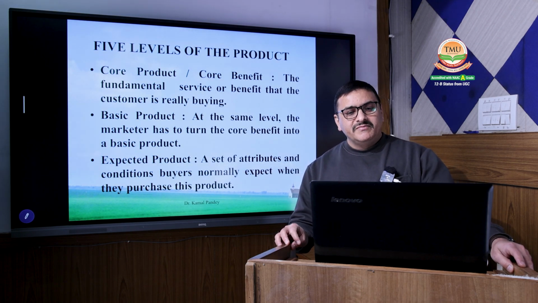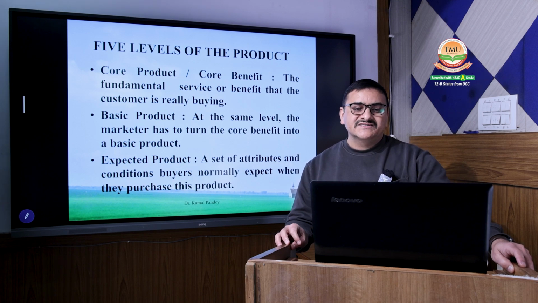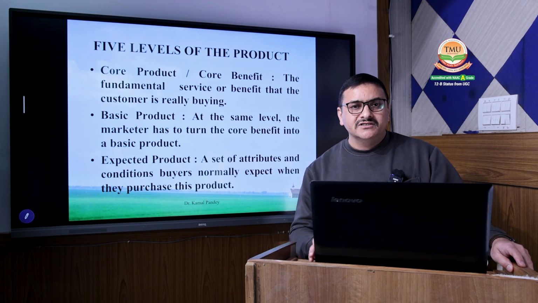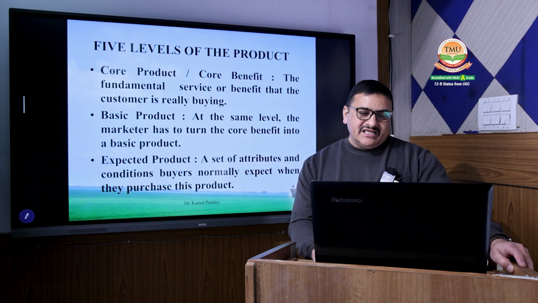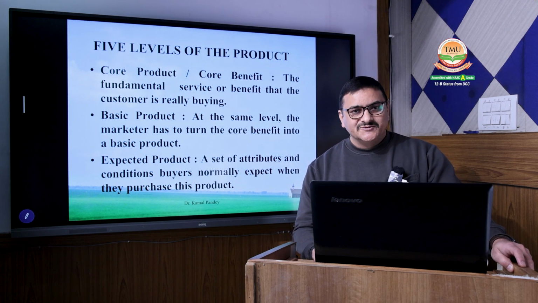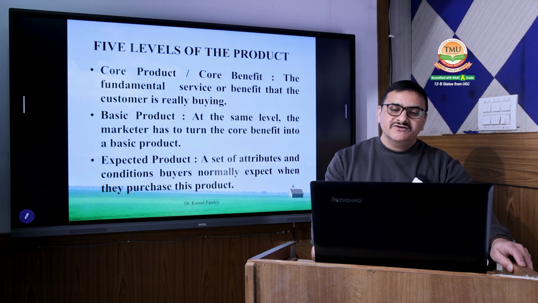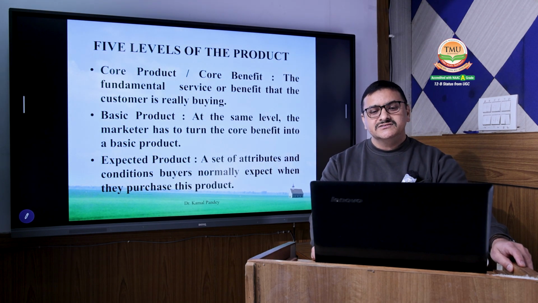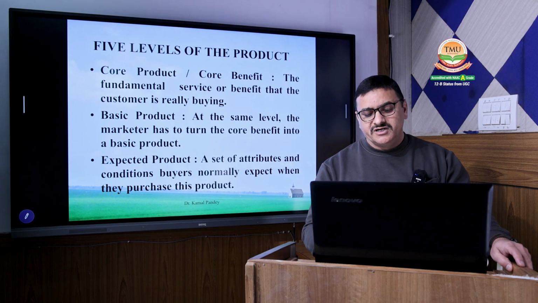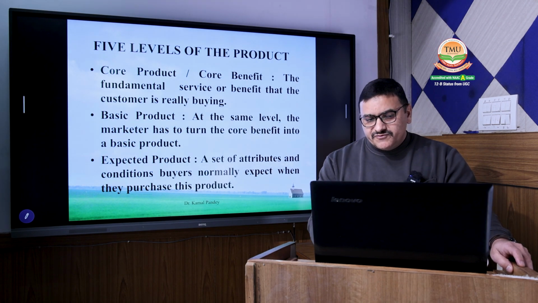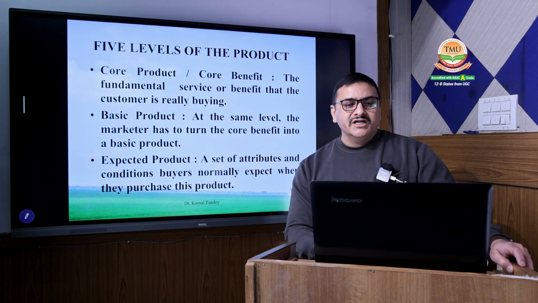Then we have basic product, meaning at the second level the marketer has to turn the core benefit into the basic product. Then we have expected product. Expected product means a set of attributes and conditions buyers normally expect when they purchase different types of products. Number 4, we have augmented product.